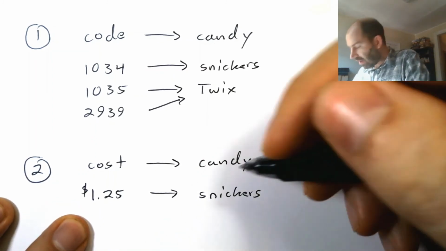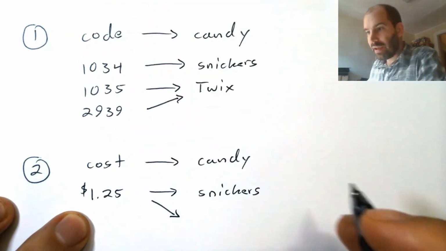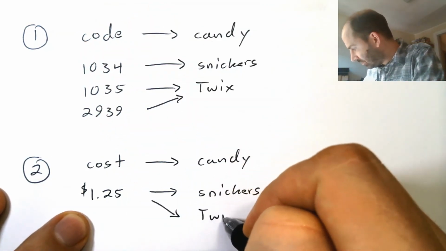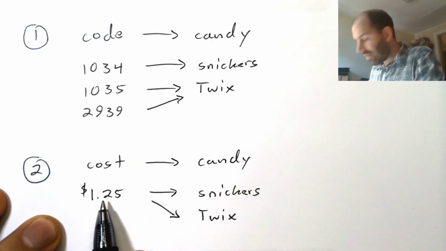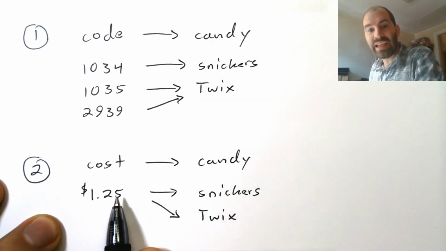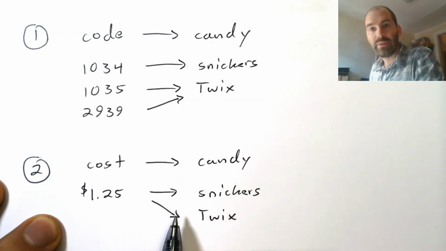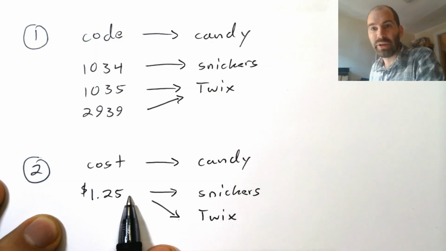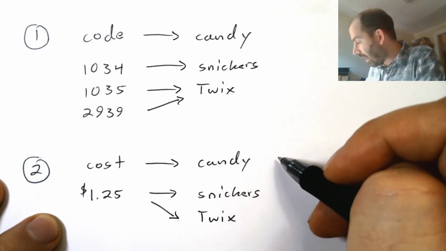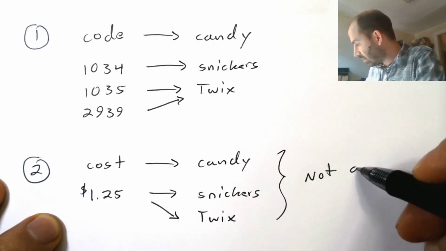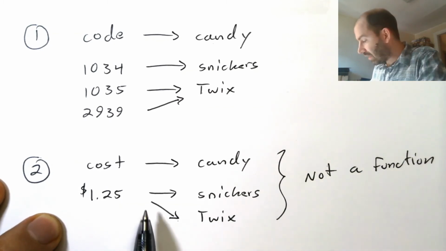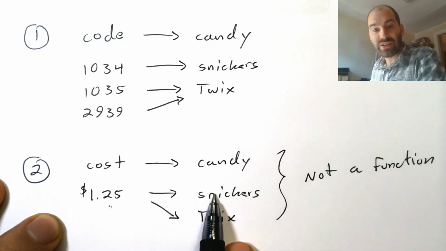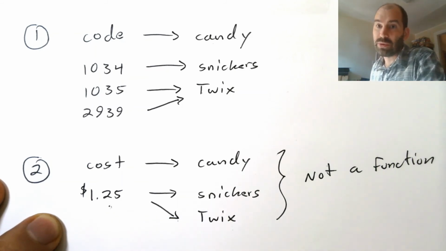But $1.25 will also give me a Twix. Now look what's happened here. I have an input. Is it associated with a single output? Nope. There's not one single definite output associated with this input. So this would be an example of something that's not a function. That's not a function because this input is not associated with a single output. It's associated with two outputs.